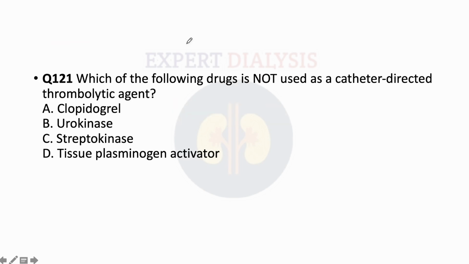The first question in part 13 is, which of the following drugs is not used as a catheter directed thrombolytic agent? Option A is clopidogrel, option B is urokinase, option C is streptokinase, option D is tissue plasminogen activator.